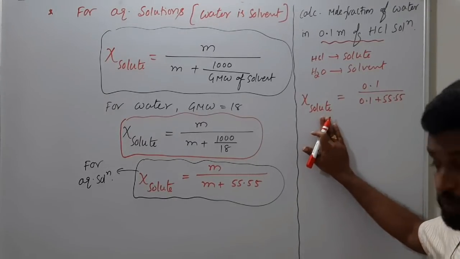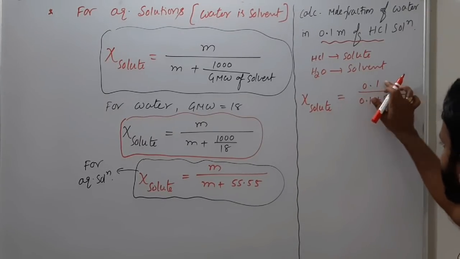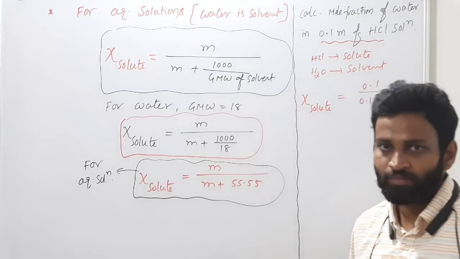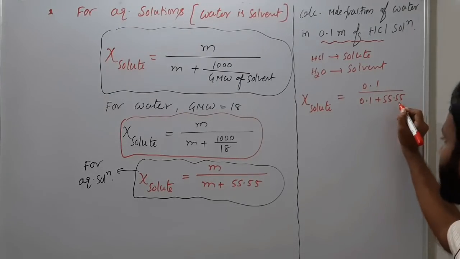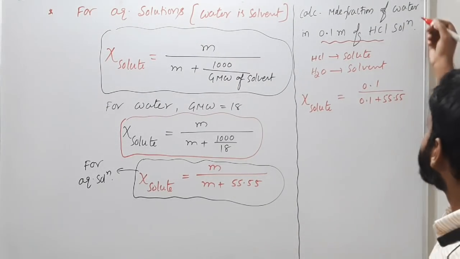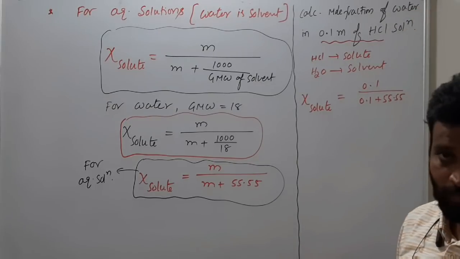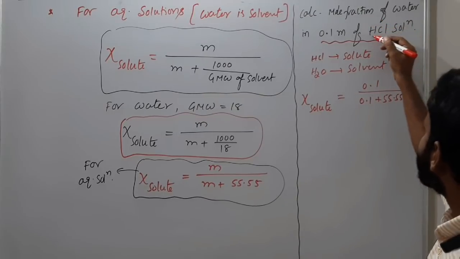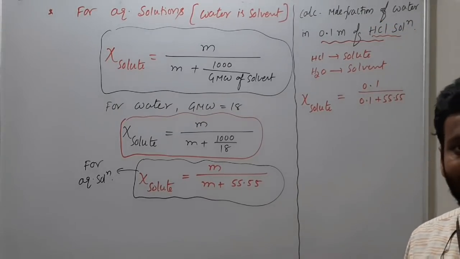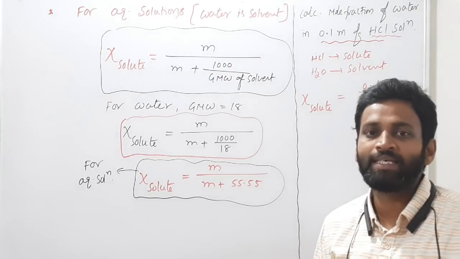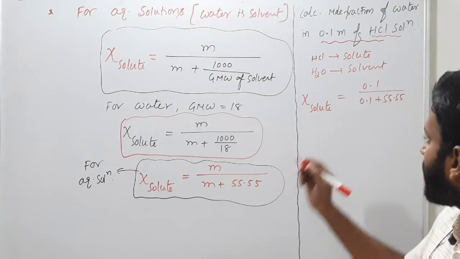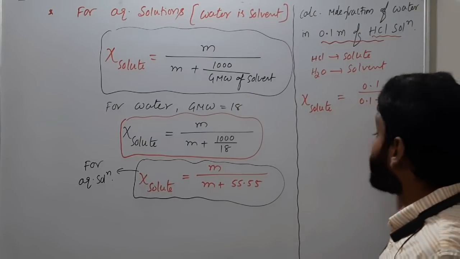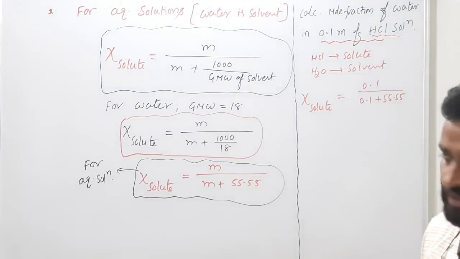Correct? Why do you consider 55.55? Because here it is water. How do you know water is the solvent? Because they said HCl solution, so HCl is present in water. HCl is the solute and water is the solvent. So mole fraction of solute is equal to 0.1 by 0.1 plus 55.55.